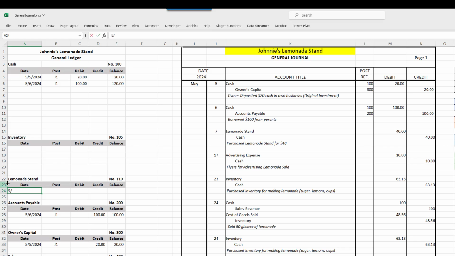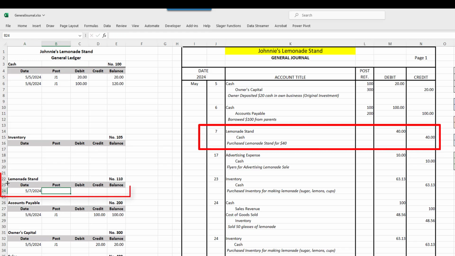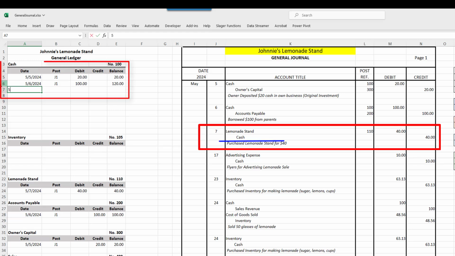In the third transaction, Johnny paid $40 in cash for the lemonade stand. I will enter the date, J1, and the debit and balance of $40 for the asset account lemonade stand. I will enter 110 in the post-reference column of the general journal for the purchase of the lemonade stand. Since Johnny paid cash for the lemonade stand, cash will be credited.